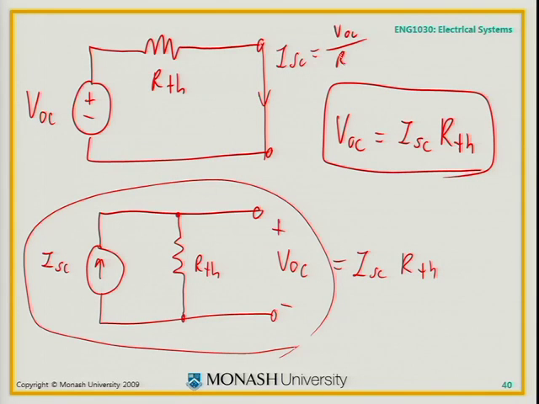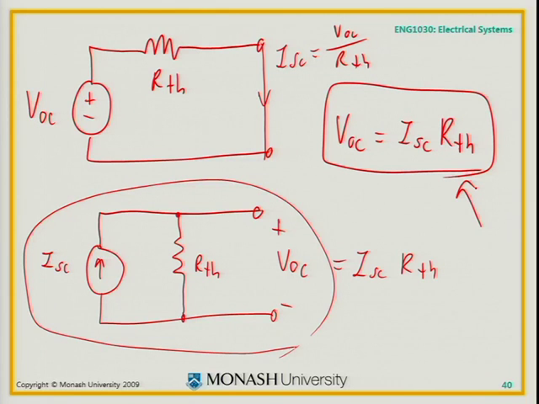VOC divided by R Thevenin. So you can see those relationships. You can go back and forth between Thevenin and Norton equivalent circuits just using this relationship, and that's actually a useful technique for simplifying circuits. Just like combining resistors in series or parallel is useful, converting between Thevenin and Norton sequentially is another way of simplifying circuit analysis.